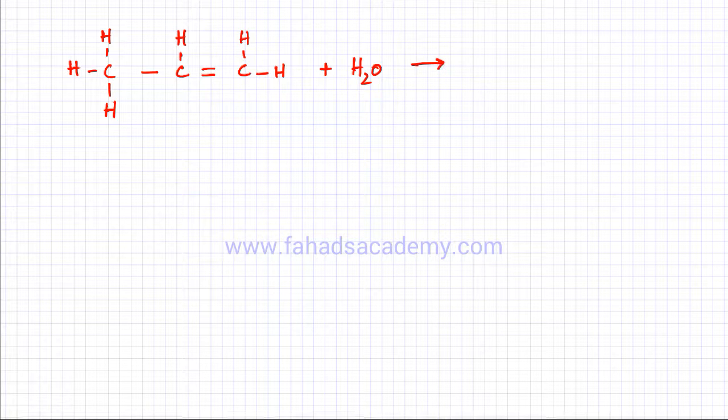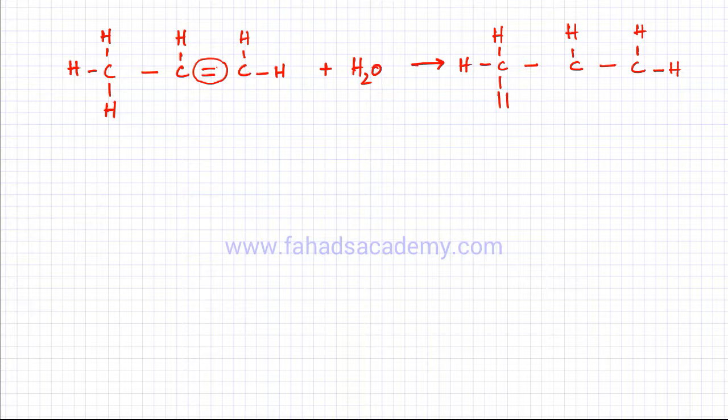If I redraw this molecule, I'm going to again get rid of this double bond and replace it with a single bond and keep the rest of the molecule as it is. So instead of this double bond, I'm going to draw a single bond. The rest of the molecule is exactly the way it was before.